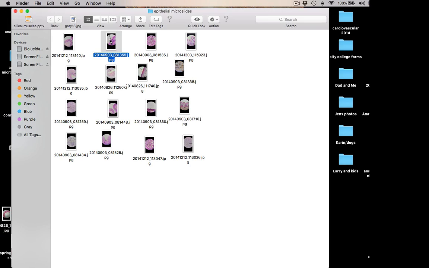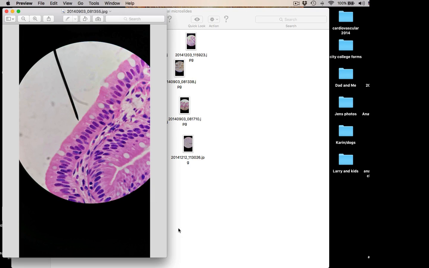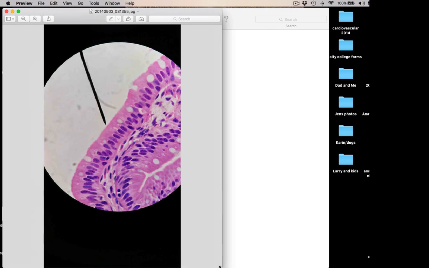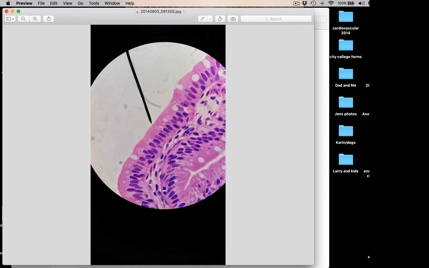Next slide. Now here the pointer is in the lumen. Remember, epithelial tissue always faces the lumen. So here would be our epithelial tissue. The basement membrane is here, and this is the connective tissue, and through here.